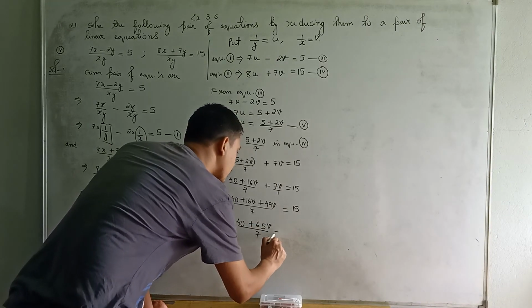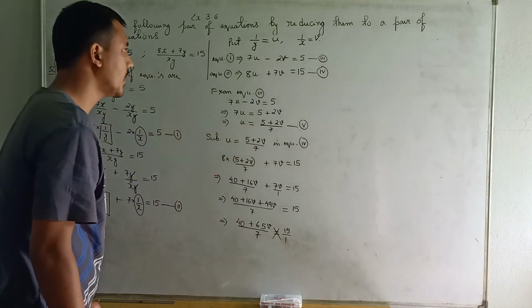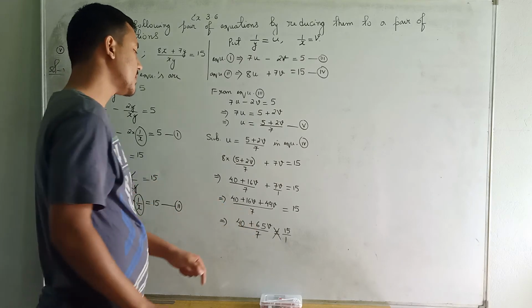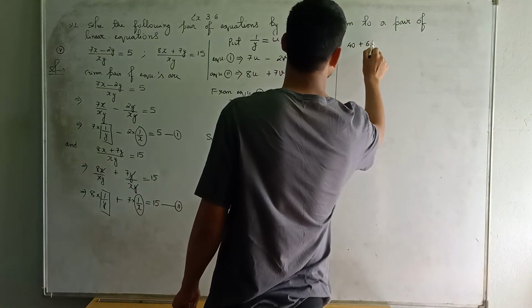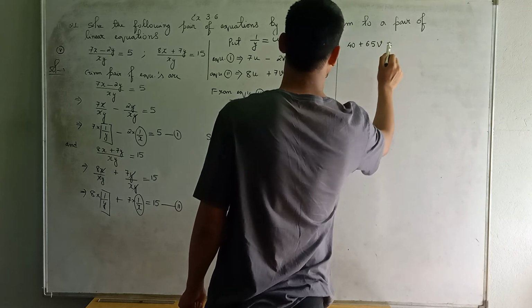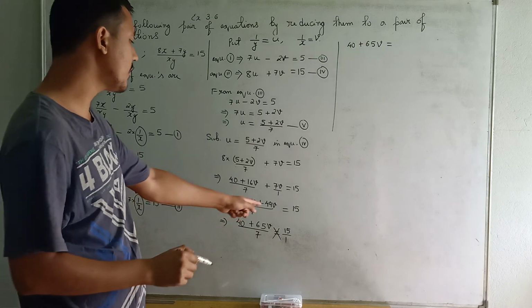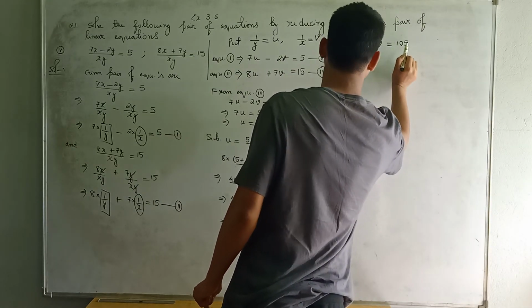Upon 7 equals to 15, right? Now we can cross multiply. If you cross multiply, then 40 plus 65v will be equal to 7 15 times is 105, right?